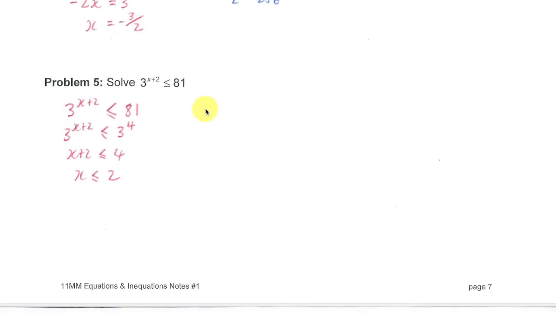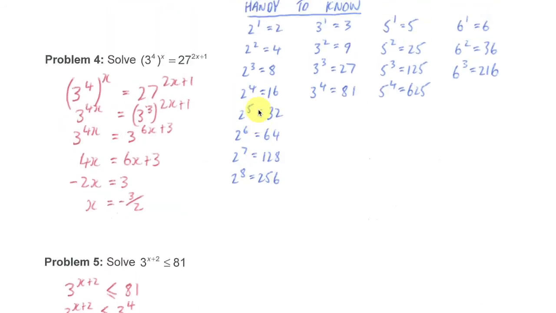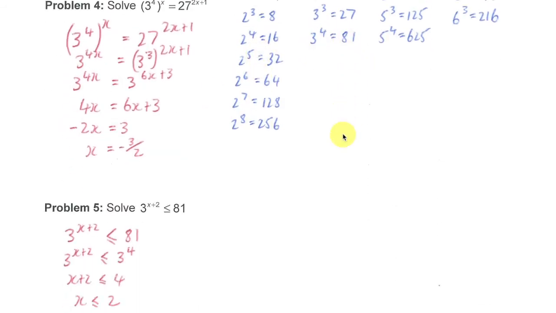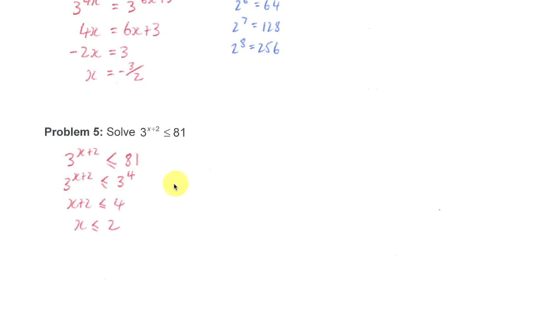Problem 5, we have an inequality. So I've got 3 to the power of x plus 2 is less than or equal to 81. The 81 can be rewritten as 3 to the power of 4. So remember just there. And now because the bases are the same, I can look at the powers.